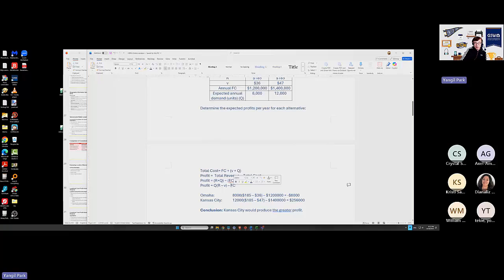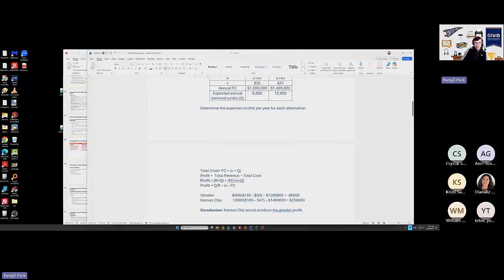Then FC is just the same thing from here. So all we did is rearrange the equation from the previous profit equation. You can still use that one, that's fine. The reason I did this was to make it a little bit quicker, but you can still use this equation. That's fine too.